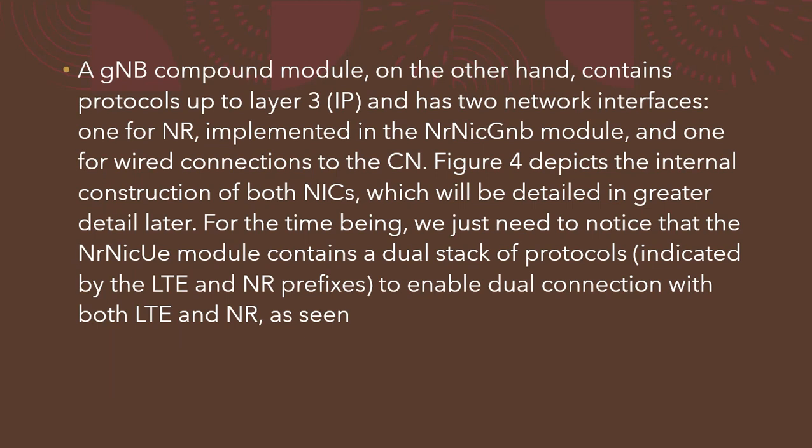For the time being, we just need to notice that the NR NIC module contains a dual stack of protocols, indicated by the LTE and NR prefixes, to enable dual connectivity with both LTE and NR, as seen.